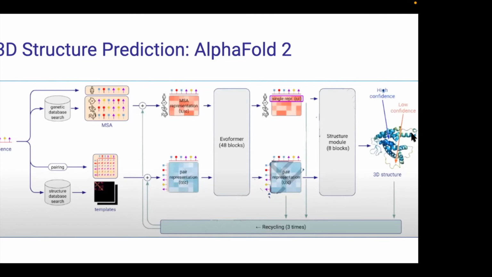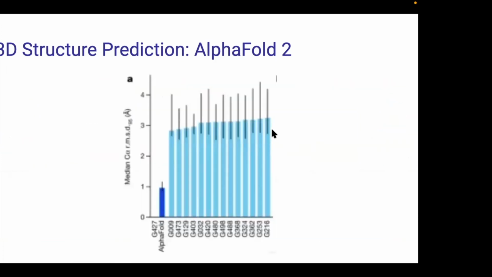Another feature of this is self-distillation. Very high confidence results get poured back into the data set and are used for training. And what we have here, kind of a blurry picture, is AlphaFold giving very good accuracy compared to its competitors in the competition.